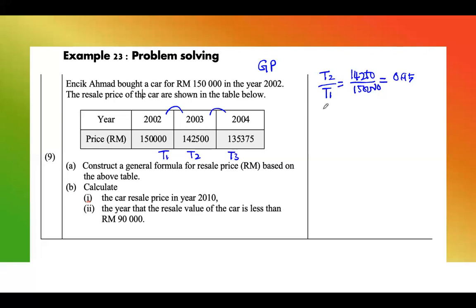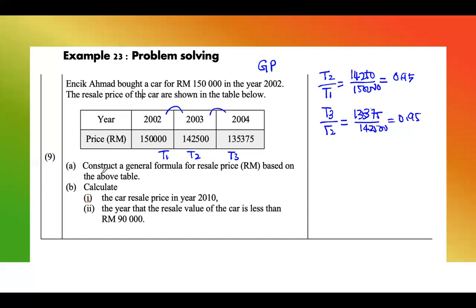Then you use term 3. So 1,335,375 divided by 14,250. You also get 0.95. Okay, so meaning that the car resale price will be decreasing 0.95 per year.